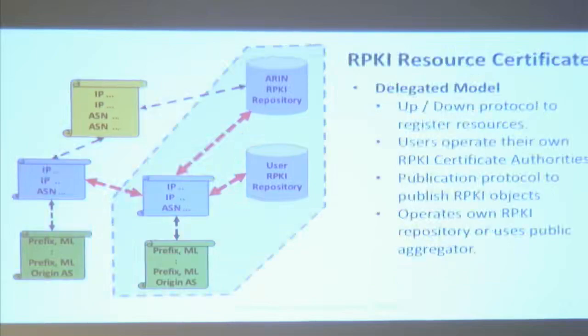If you have customers and you want to generate certificates for them, then you use something called the delegated model, where you ask the RIR, through the up-down protocol, to let you operate independently, and then you operate your own repository. You generate your own certificates for your customers.